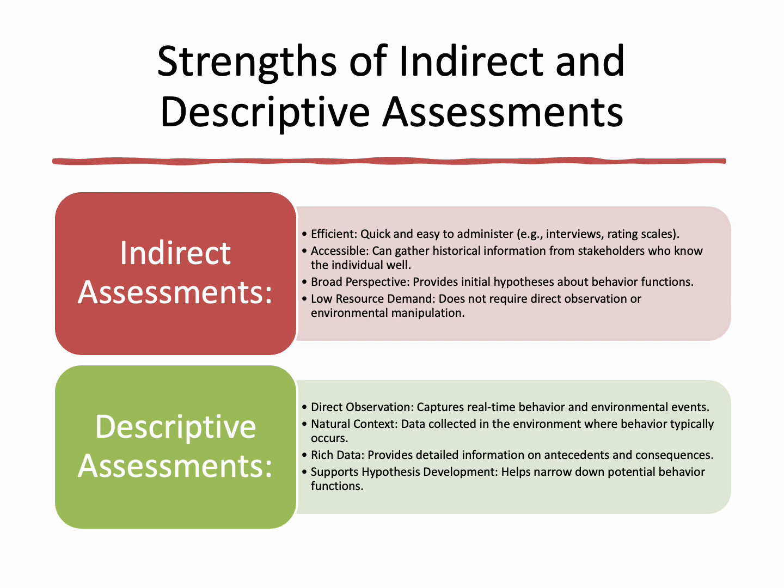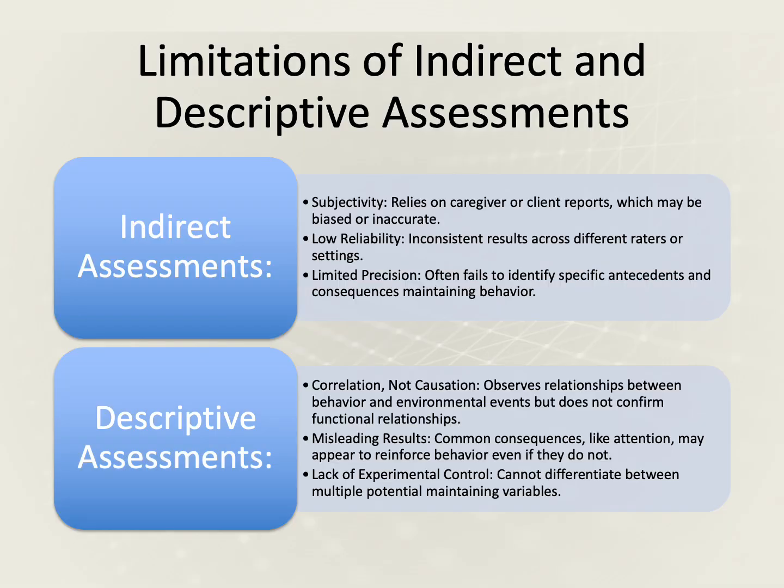So these are some of the strengths of each of these different assessments. And then, of course, nothing is without limitations. So we're going to review the different limitations of each of these as well. The most prominent limitation, I would say, for the indirect assessments is that it's a subjective assessment.